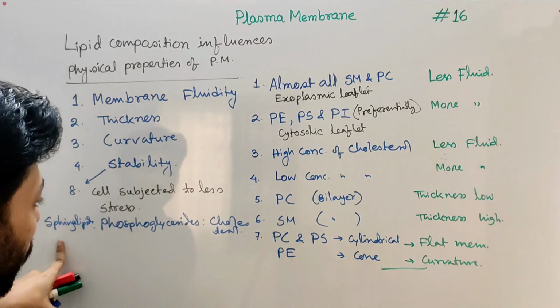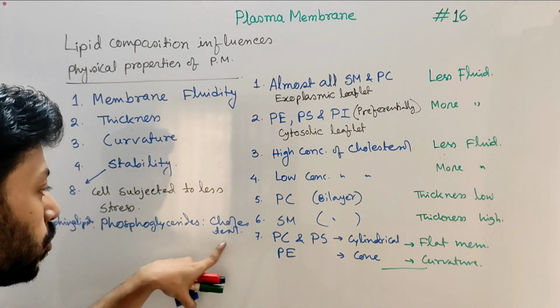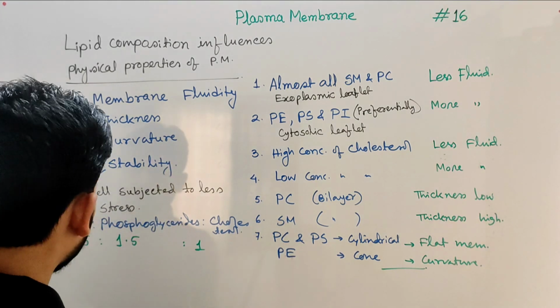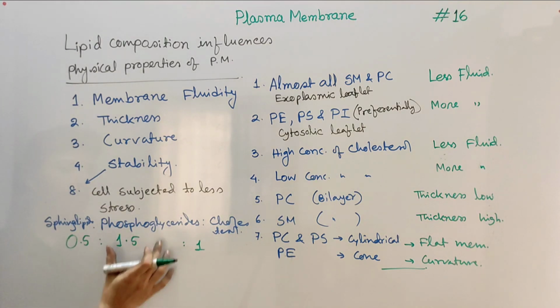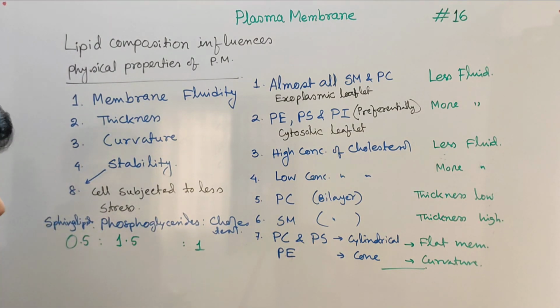When scientists calculate the ratio of sphingolipids to phosphoglycerides to cholesterol, in cells that are subjected to less stress, the ratio is 0.5 to 1.5 to 1. So that means phosphoglyceride lipids are higher in percentage than the sphingolipids.